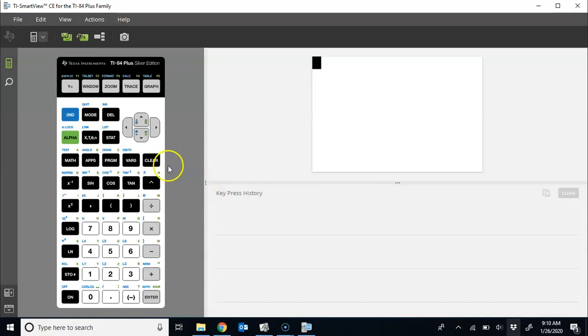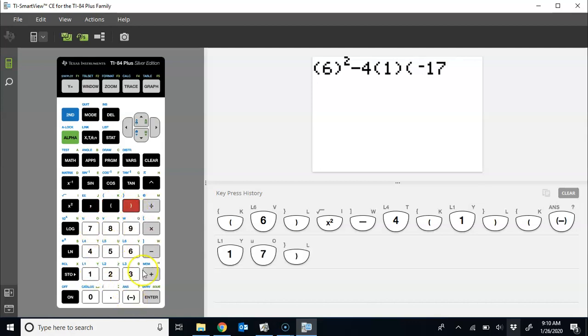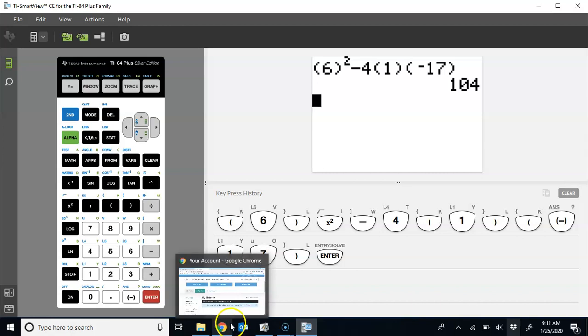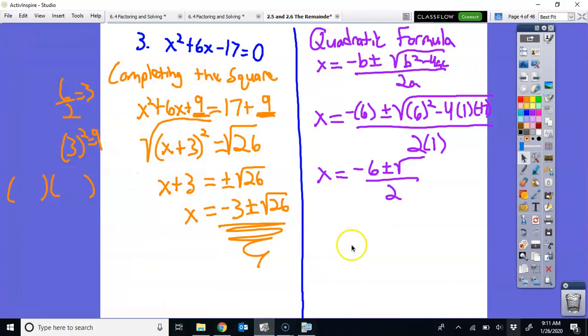So inside the radical, you can take all of that stuff that you see in there, the 6 squared minus 4 times a times the 1 there times the c, which is negative 17, and you can multiply it all out and do your subtraction there, but notice that a negative times a negative makes a positive, 104 here. So you get 104 inside your radical.